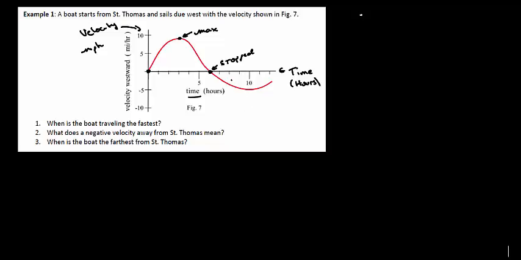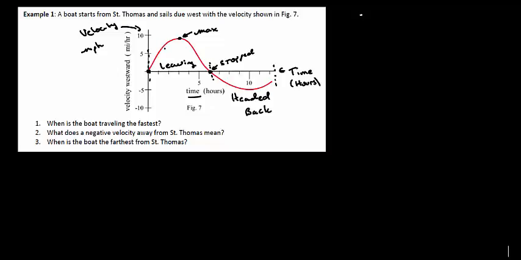Okay, and then if you think about down here with a negative velocity, that means we must actually be traveling in reverse. So we must be headed back to where we began. So from here to here we are headed back, and from here to here we are leaving.